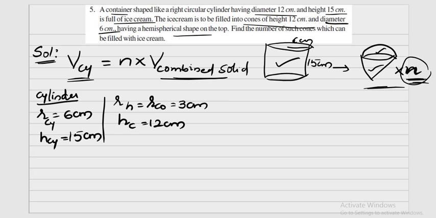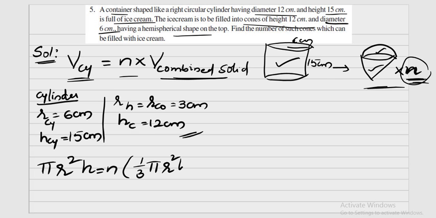Now substituting these values inside this formula. Volume of cylinder, pi r square h, is equal to n into volume of combined solid. The combined solid is 1/3 pi r square h plus 2/3 pi r cube. Now from this I can directly cancel the pi.